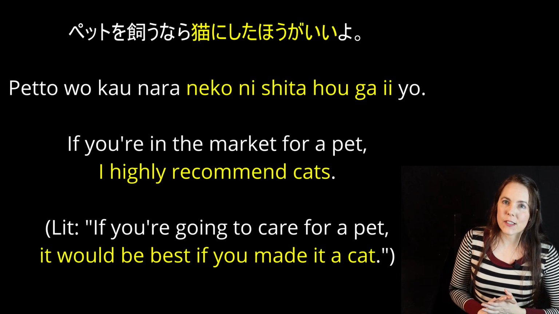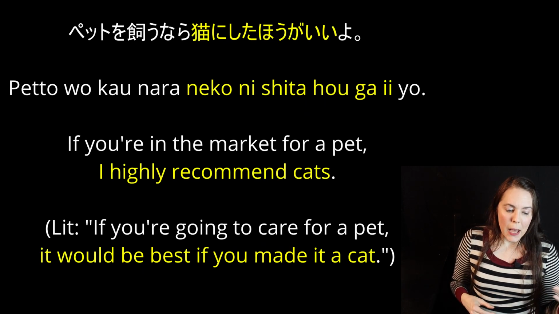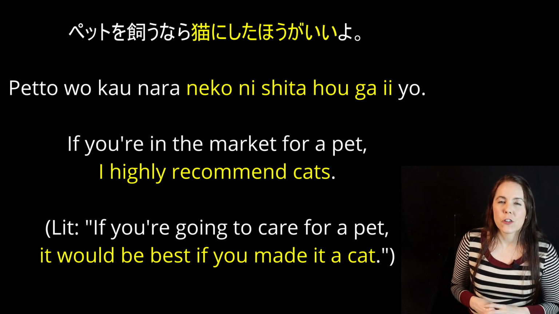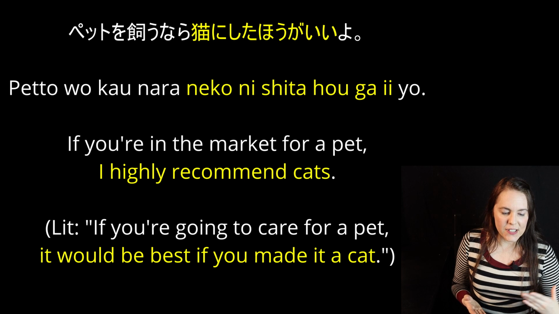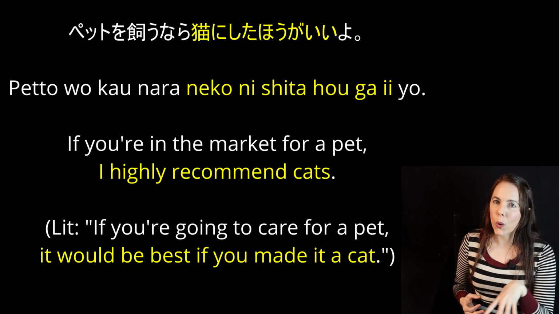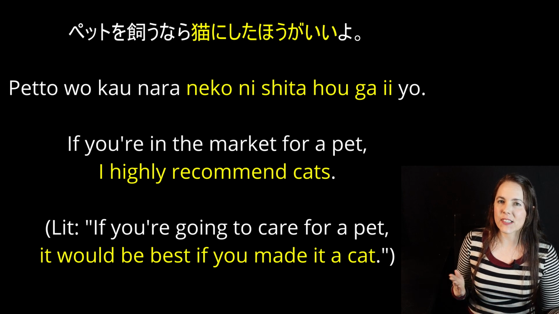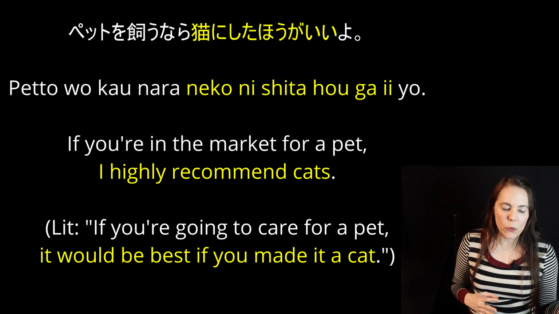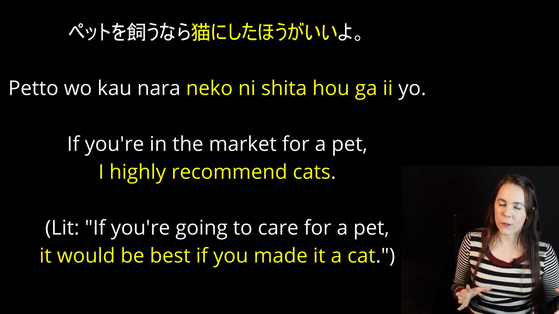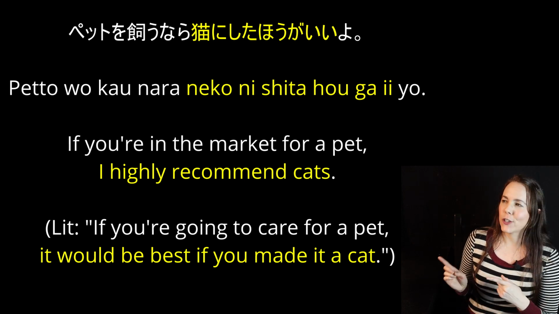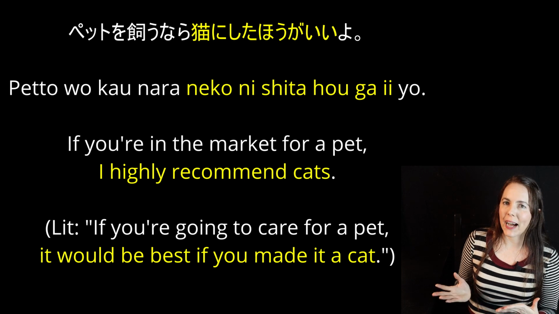And here's one last sentence with nouns and にする. ペットを飼うなら猫にしたほうがいいよ. So another permutation of this, so 猫にしたほうがいい. So remember the したほうがいい is like it's best that you do this thing. That would be the best choice. So ペットを飼うなら, if or as long as you are going to raise, 飼う, in this case it's not the same kanji as to buy.